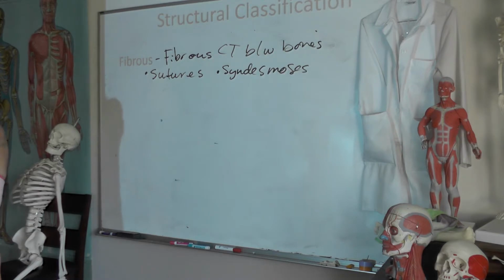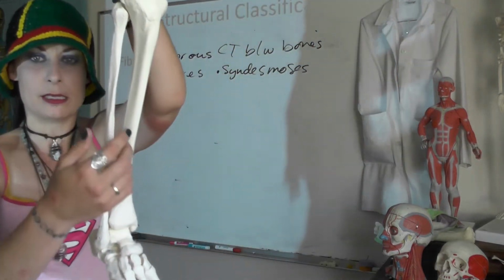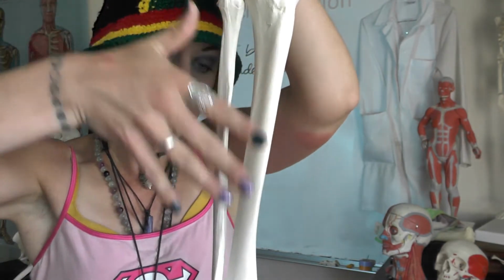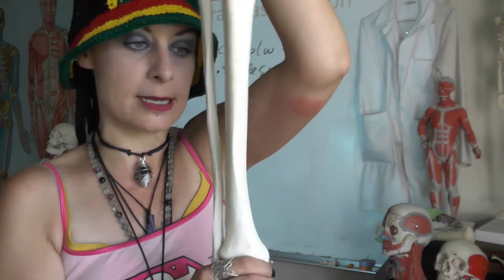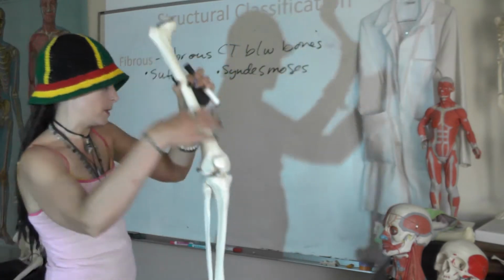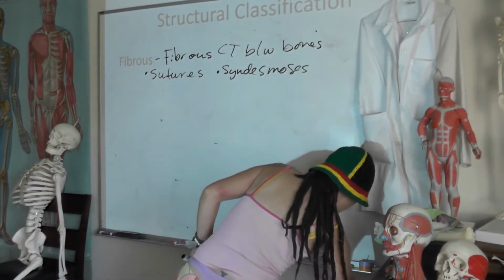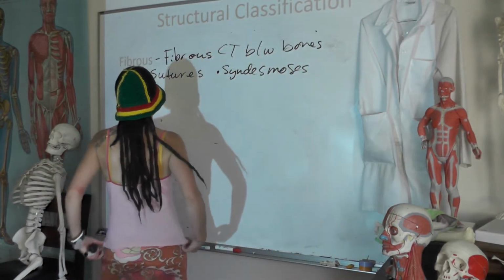If you look in your book, you should be able to see them somewhere. There are these bands of fibrous connective tissue, and what's cool about the interosseous membranes is you've got 2 layers, one where the collagen fibers are going this way, one where they are going that way, and what it does is create this nice joint that allows for some movement between those bones. So syndesmoses are another example.